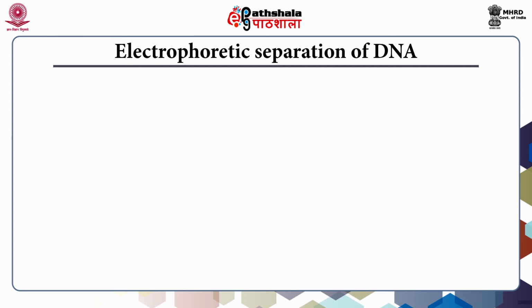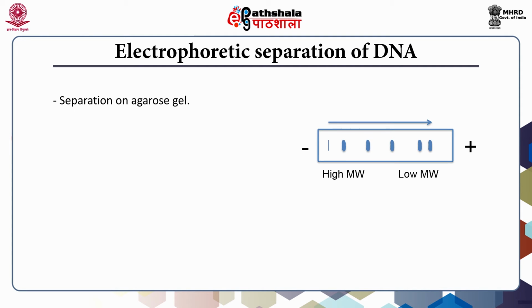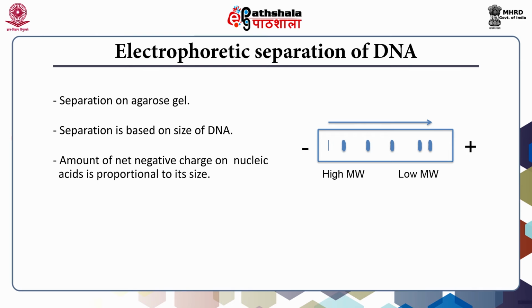After digestion of DNA with restriction enzyme, the digested DNA fragments are separated according to their molecular size by means of a technique called agarose gel electrophoresis. In agarose gel electrophoresis, separation is based on size of nucleic acids. Nucleic acids do not require any treatment for making their charge to mass ratio constant.